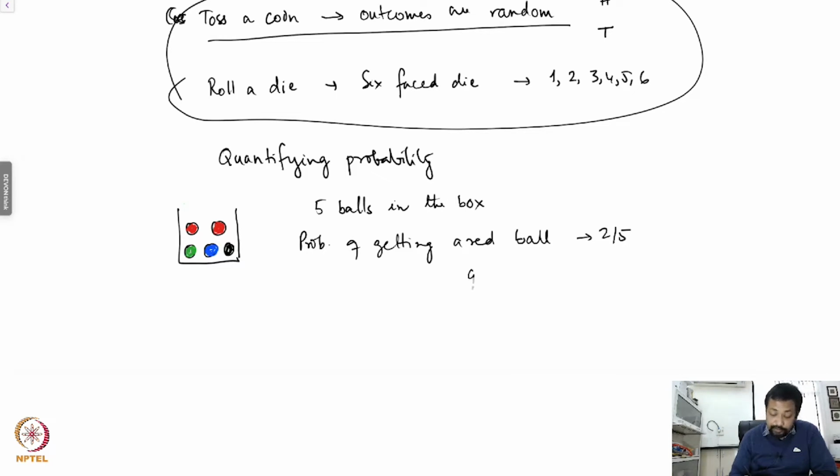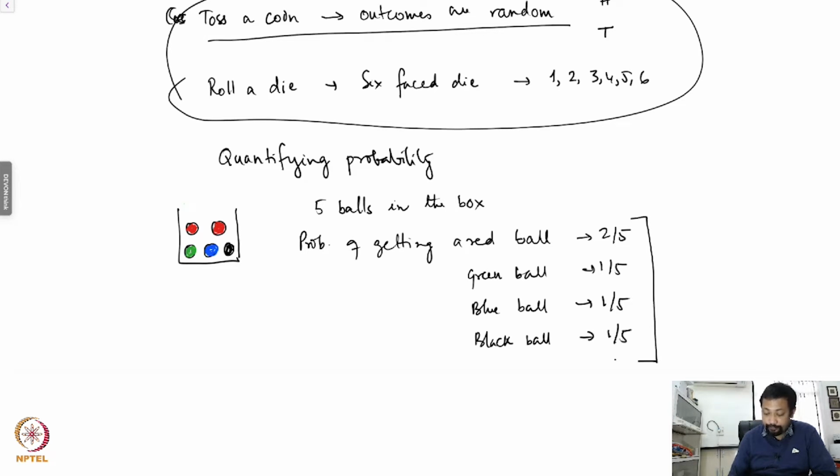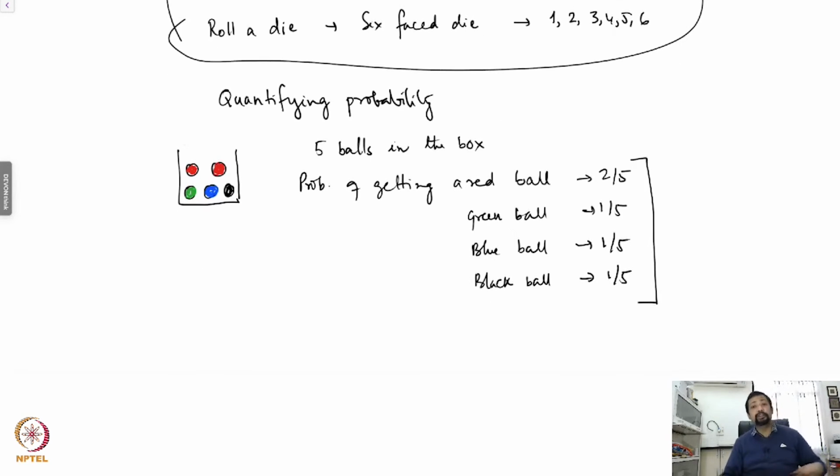Similarly, the probability of getting a green ball is 1 out of 5, the probability of getting a blue ball is also 1 out of 5, and the probability of getting a black ball is again 1 out of 5. Right? This you are familiar with, you have already encountered this many times. So now we want to quantify this probability. So what is called the rules of probability.